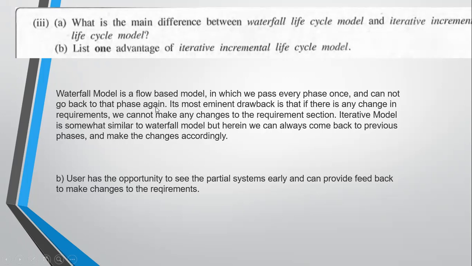You have to complete one phase to go to the next phase. We can see the end product only after finishing the whole life cycle. That is the way of the waterfall model, so it is a drawback. In the meantime, we can't change the system, as we have to finish one phase before going to the next.